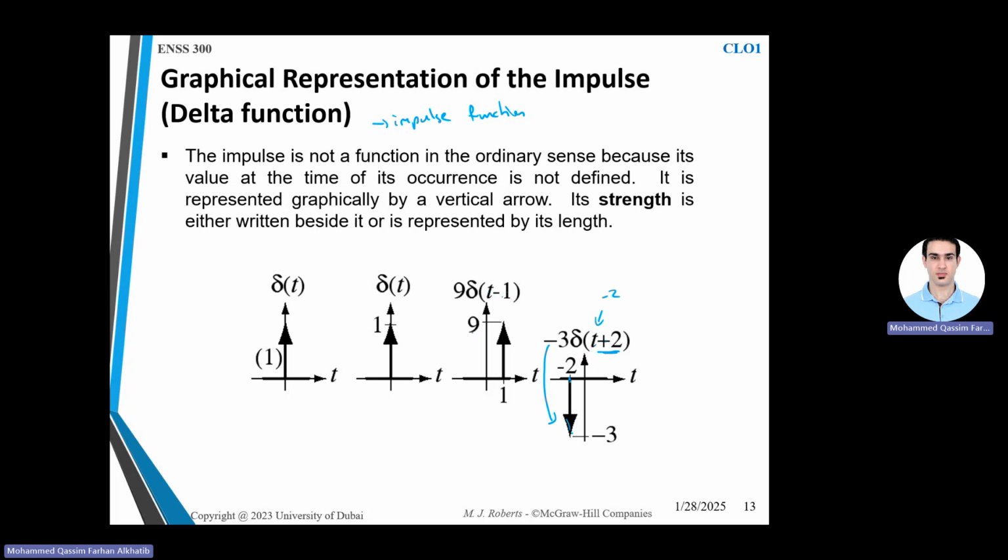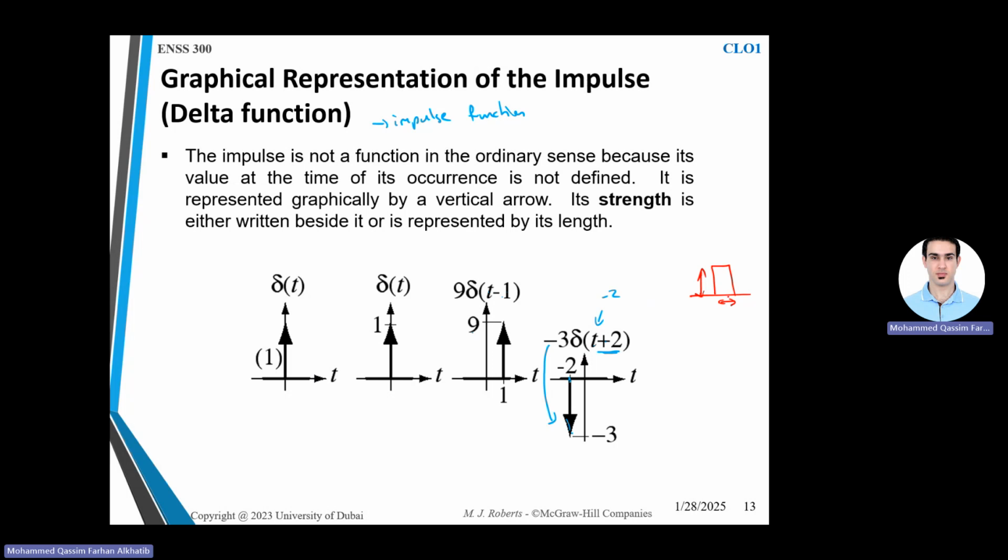Okay, so the graphical representation of the delta function should be easy. At 0, the impulse is not a function in the ordinary sense because the value at that time is not defined. Going back to the concept, it's a rectangle with unit energy. Energy here will be the height multiplied by the width.